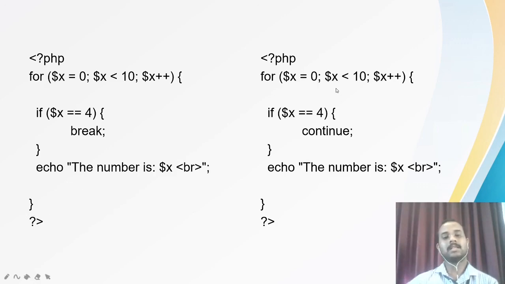And this is another example for the continue. The output of the first example is the number is 0, the number is 1, the number is 2, the number is 3, that much only. While coming to here, I use the same condition if you watch closely, but instead of break I am using the continue.